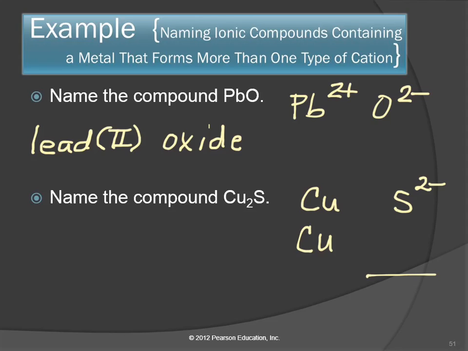So what's my total negative charge? Minus 2. And that means my total positive charge has to be plus 2, right? Because it has to balance out to be 0. Well, I've got a total of plus 2 charge, and I need to divide it between these guys equally, so they're each going to be what? Plus 1.